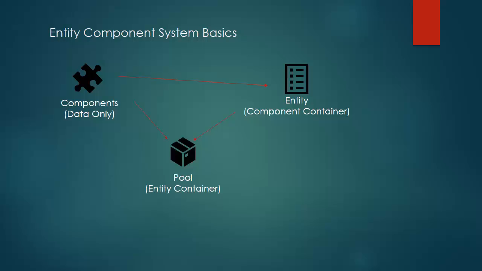But depending on your implementation, maybe if you were running in C++, you might do it differently. You might keep a list of all of the components and just reference them in the entity by ID. But here we're going to have pointer references, because since we're in C#, it's just going to work better that way.